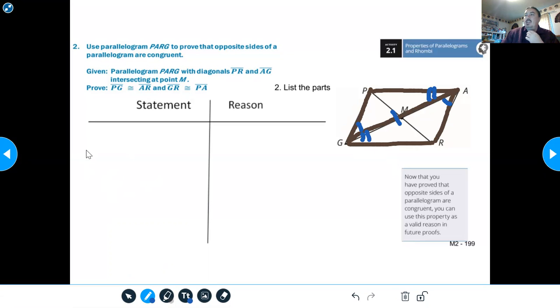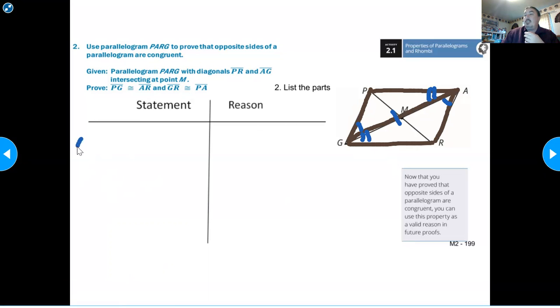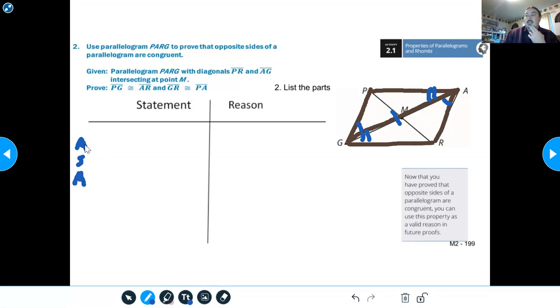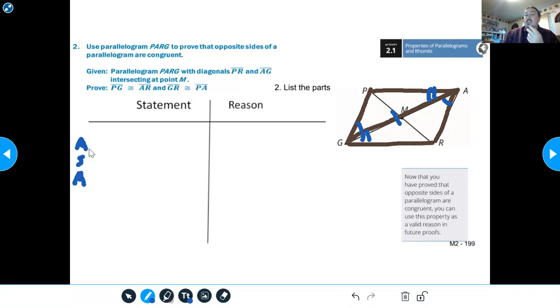Good strategy while you're doing it. If you're going to use angle side angle, then make sure that you have all the parts for angle, side, angle. And this is a good strategy to use, right? Make sure that you write down the angle. Make sure you write down the side you're going to use.